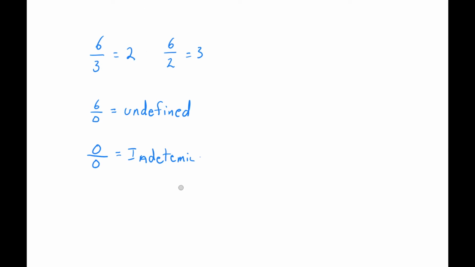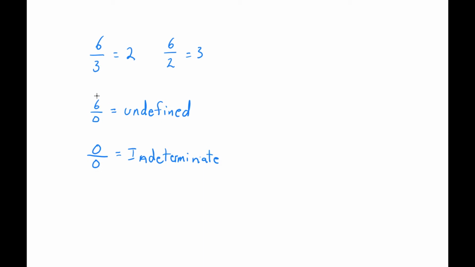My pen is just jumping all over the place. It's making me a little distracted. If you have nothing and you don't divide it, what are you doing? You're kind of wasting your time. So it's indeterminate. Indeterminate is what you have when you have 0 divided by 0.